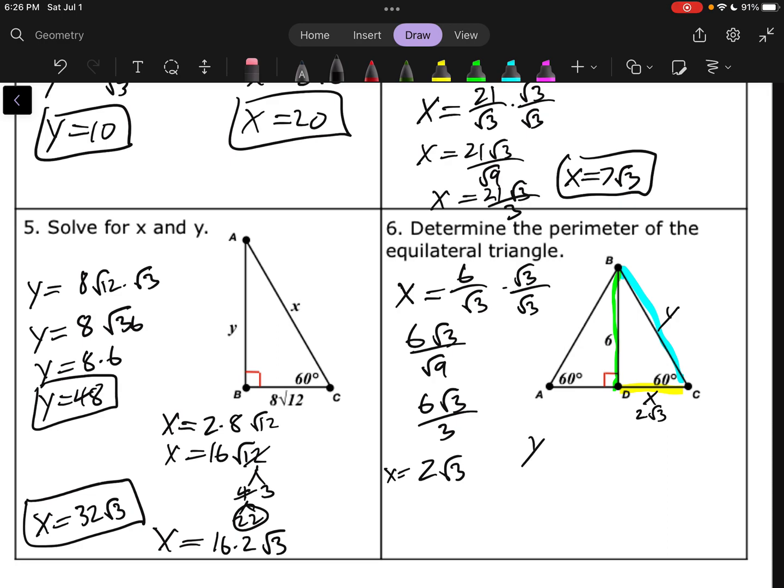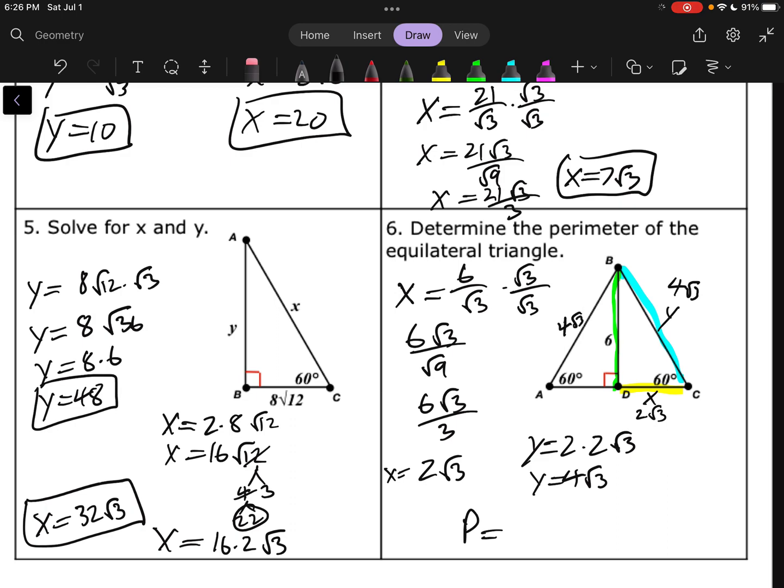Now, if that's 2 root 3, then y is 2 times 2 root 3. That's really sloppy. Let me write that again. 2 times 2 root 3, which is 4 root 3. Which means that all the sides are 4 root 3.